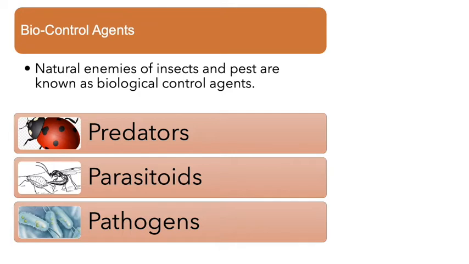The living organism applied in this system is used to suppress a weed infestation and to control pests, including insects, pathogens, and grazing animals. Those living organisms used to suppress or kill other harmful organisms are called biocontrol agents, like predators, parasites, and pathogens. We will shortly discuss all of these biocontrol agents in our upcoming slides.